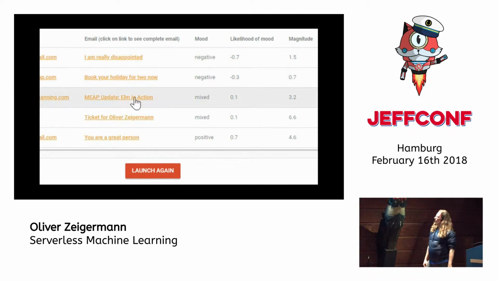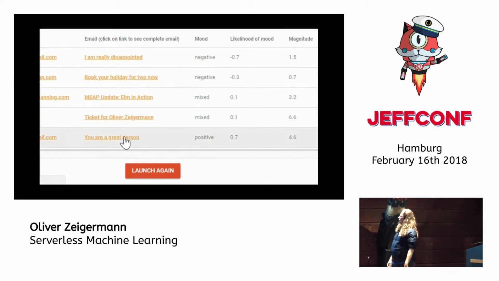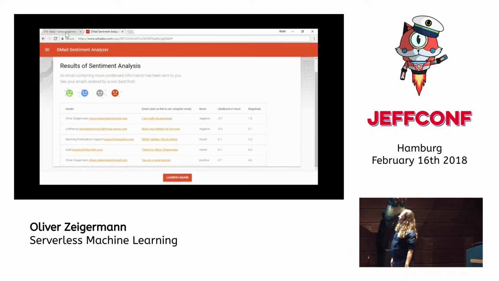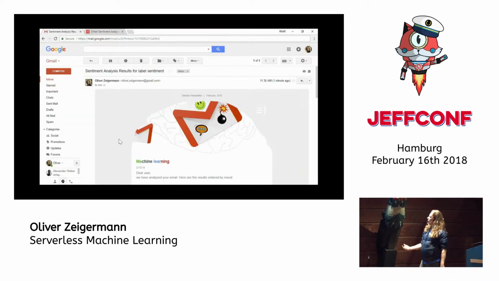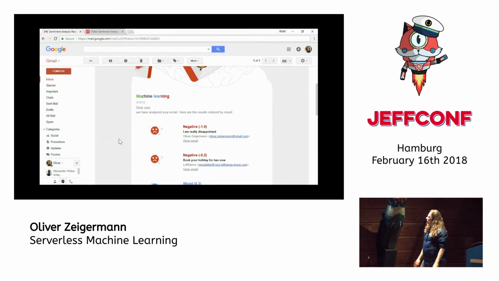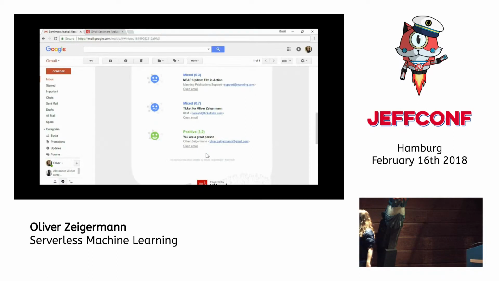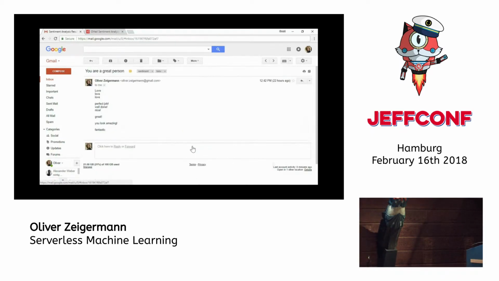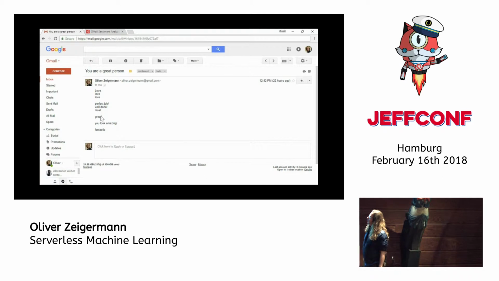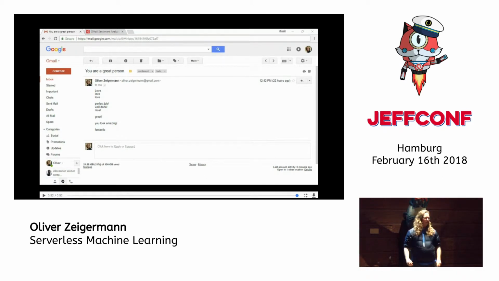It doesn't always work, but it's pretty good. I also have this good email, which is very positive, and a real email that sums that up. We built that to make it a little more lively. Then I have this "you're a great person" email. You can click on it, and you see it's pretty good. I did all I could, but still not perfect.